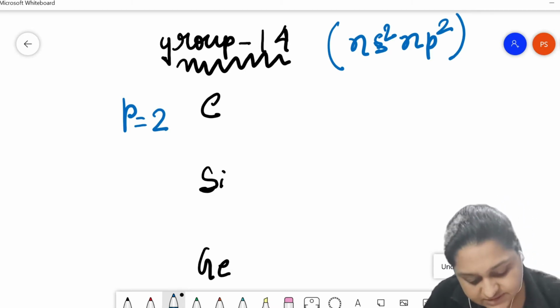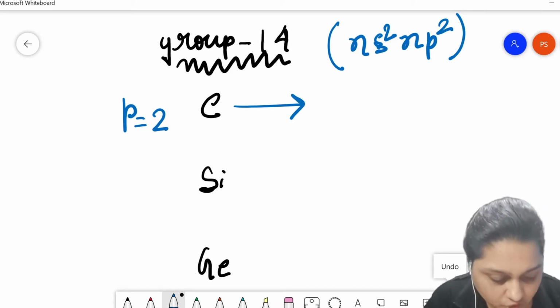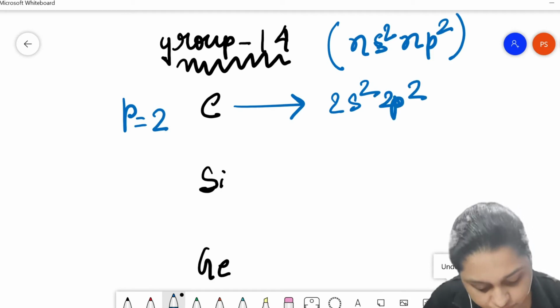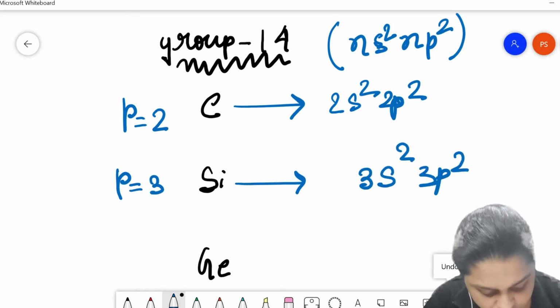Carbon is a second period element, and the electronic configuration is 2s2 2p2. Silicon belongs to third period and the electronic configuration is 3s2 3p2.